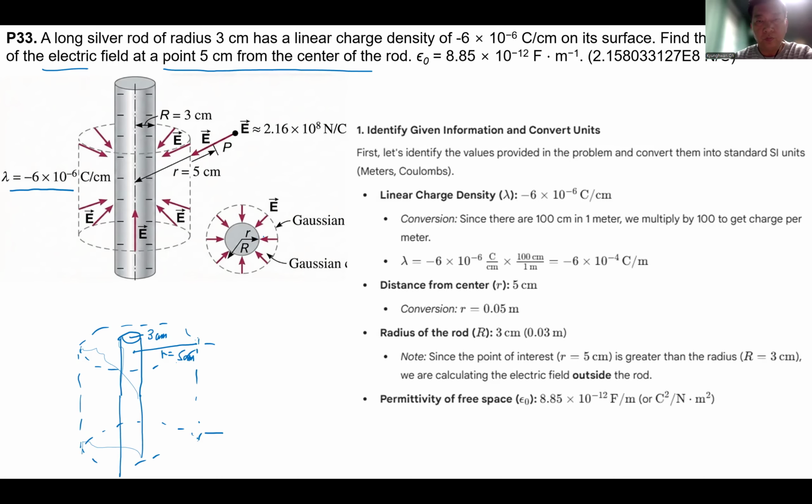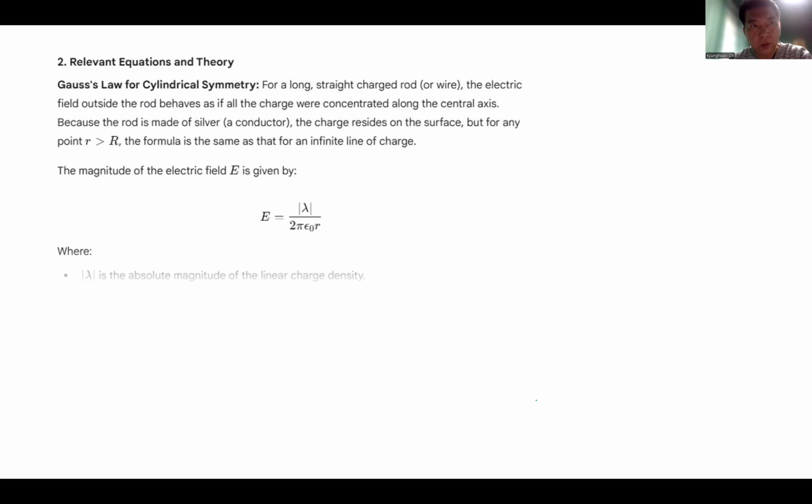So we need to find out the linear charge density, which is actually given. And the distance is given by this one, the radius of the rod is given, and the permittivity in vacuum is given like this.